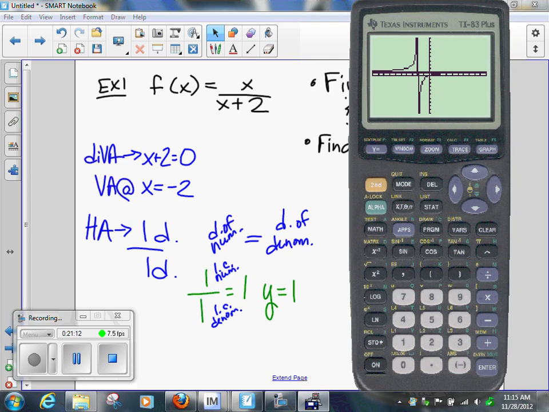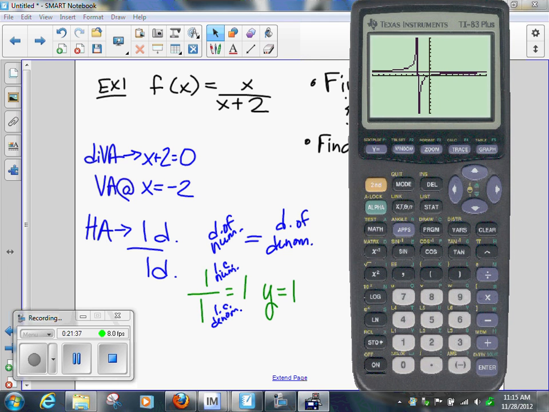When I looked at my graph, it looks like my horizontal asymptote is going to be 1. Then I went back and said, okay, let's just see. There's my vertical asymptote.